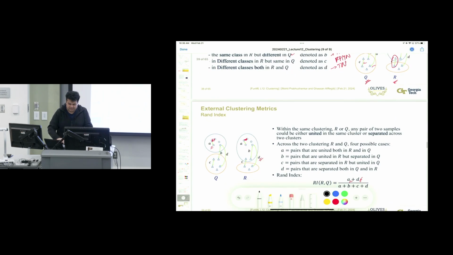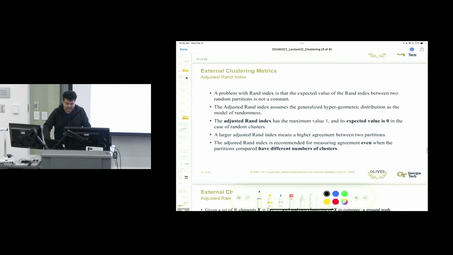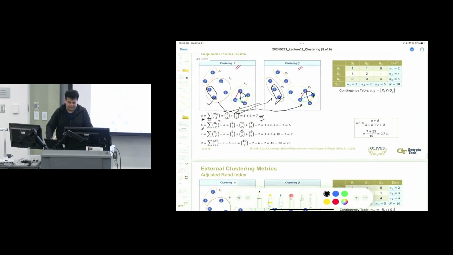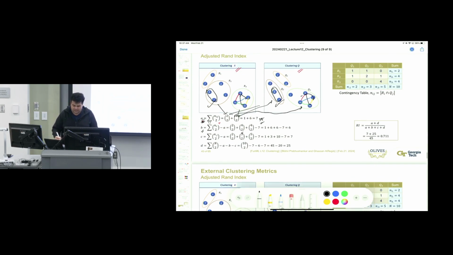So B is pairs that are united in R but separated in Q, right? And how do we do it? An easy way would be to look at everything that exists within R and just subtract what it intersected with in A. For instance, in this case, NC2 would be in R, there are 3 different clusters.